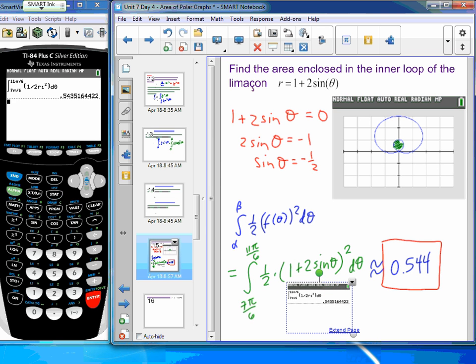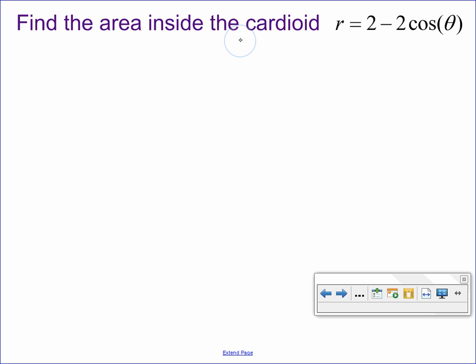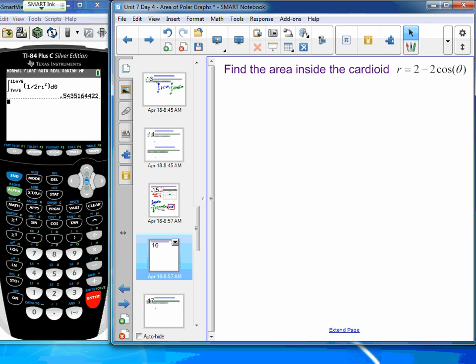Okay? Great. Let's take a look at another. Let's find the area inside the cardioid, r equals 2 minus 2 cosine theta. A cardioid is related to the limaçon. It's just where we don't go in and make that loop. We go in and make kind of like the heart. Let's see what that looks like.